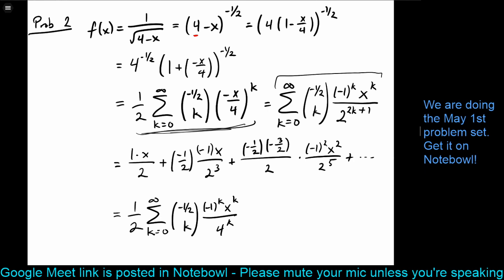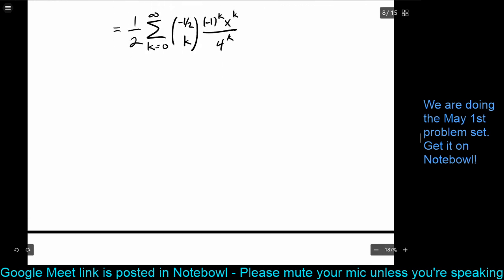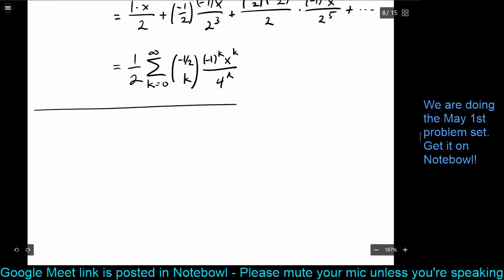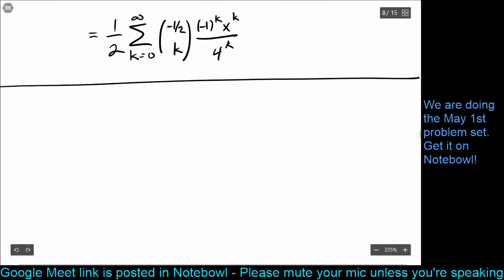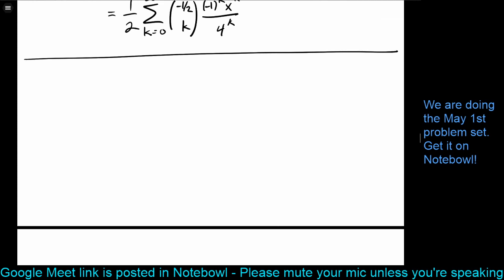If you use this binomial theorem stuff on it, it actually works out a lot quicker. So I'll let you think about how that might work. But it's a neat example of a series we can write down nicely.